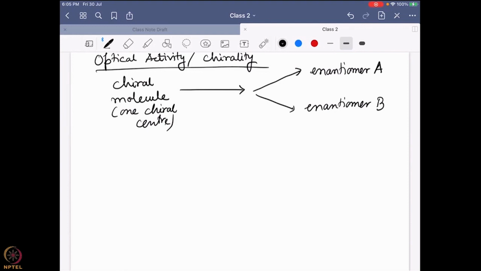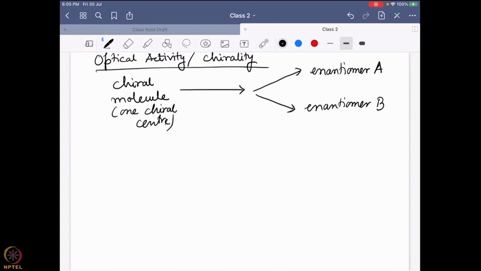Yeah, you tell me when I am going to find a racemic mixture and when I can get an enantiomeric excess. So for racemic mixture, 50-50%, 50% enantiomer A and 50% enantiomer B. And for excess, more than 50% of anything. Yes, if enantiomer A is in excess, it would be more than 50% and B will be less than 50%. Okay, very correctly said.